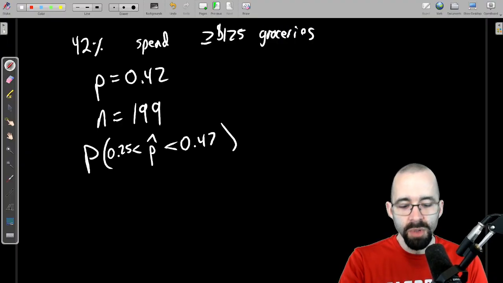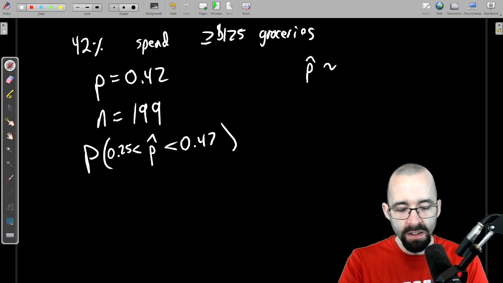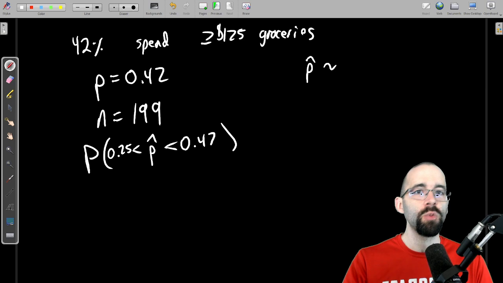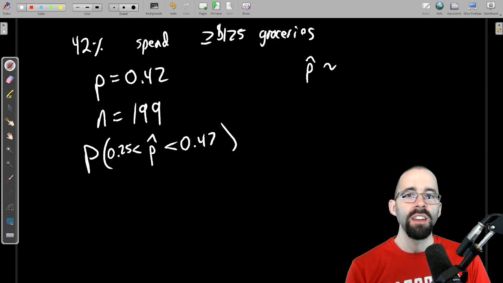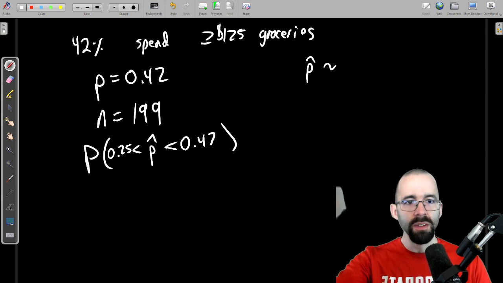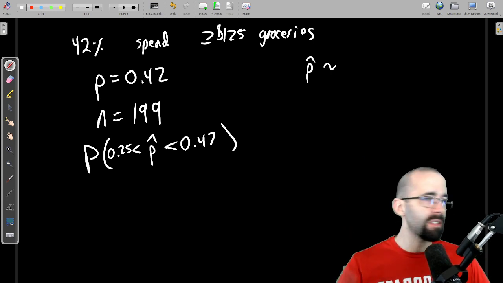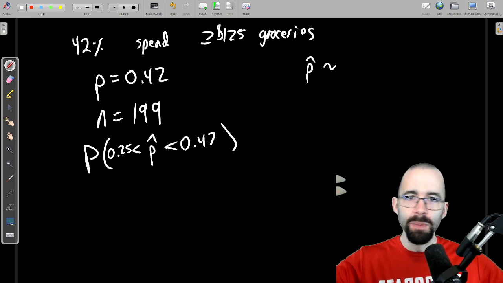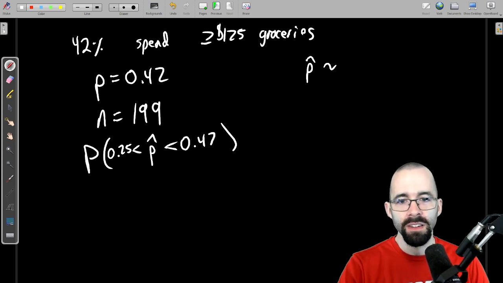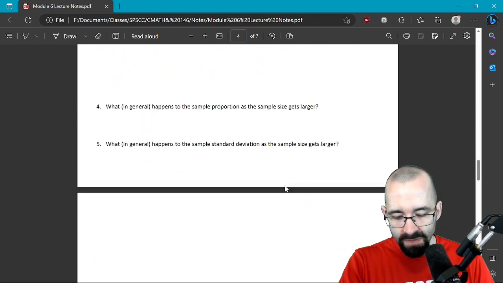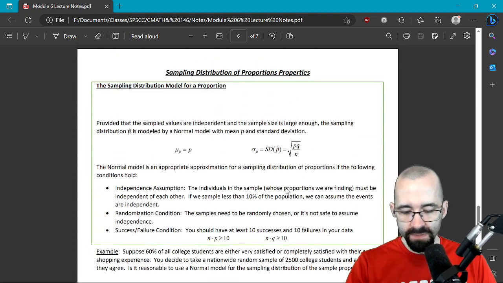Well, if we know the distribution of p hat, then we can calculate this probability, if we know how this random variable behaves. Every time we take a sample of 199 people here, we're going to get a different sample proportion because it depends on who we ask. It's a simple random sample. They're going to be asking random people, right? So, can we use the central limit theorem for proportions?